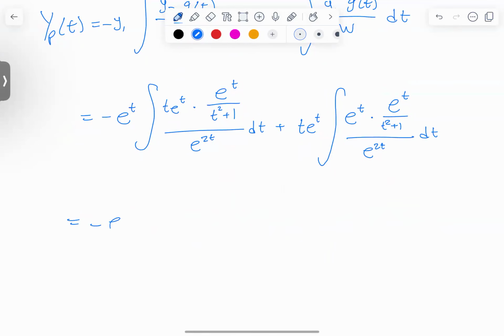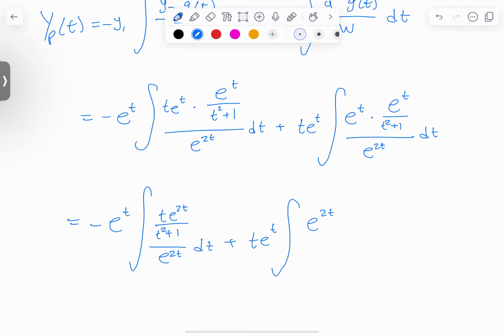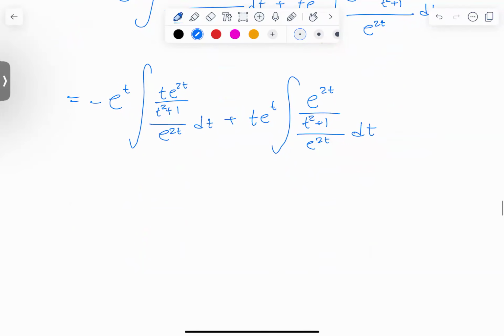Some algebra, leave it, flip and stuff. That's over one, that's over one.